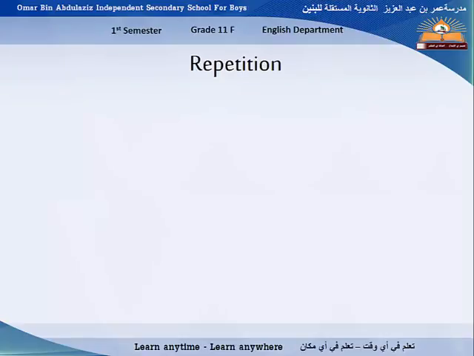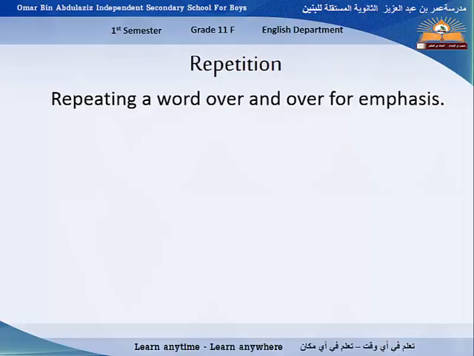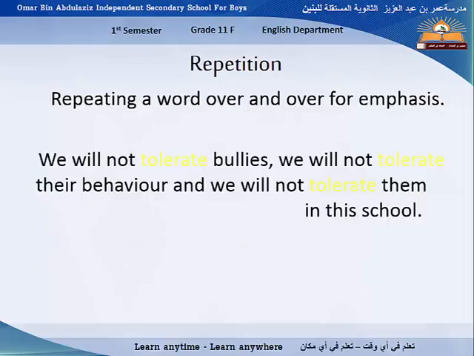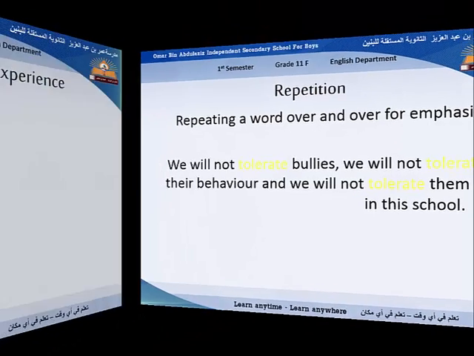It means if you repeat the same word many times in your sentence, you can add more emphasis or assurance to your idea. Notice here: we will not tolerate police. We will not tolerate their behavior, and we will not tolerate them in the school. So the repetition of the same verb here added more strength to the idea.